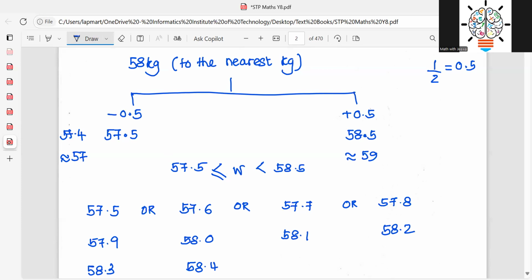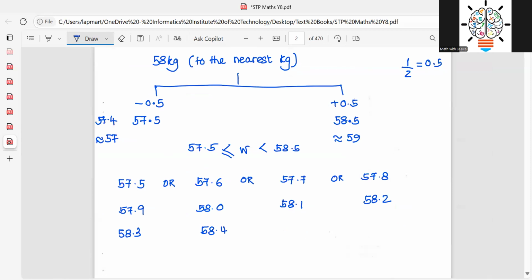That's it. So that particular child's weight can be 57.5 or more than something like this, or it should be less than 58.5.